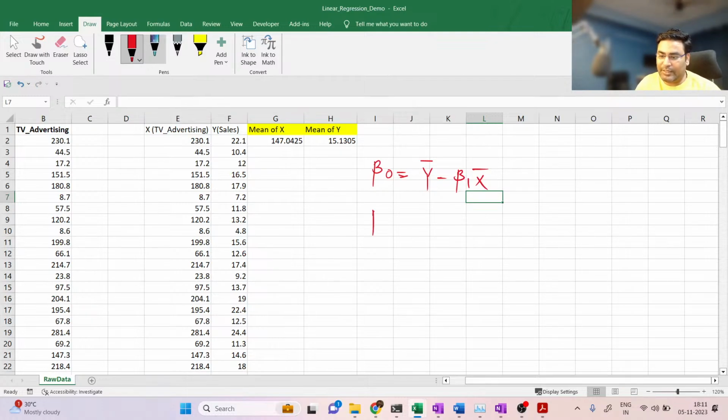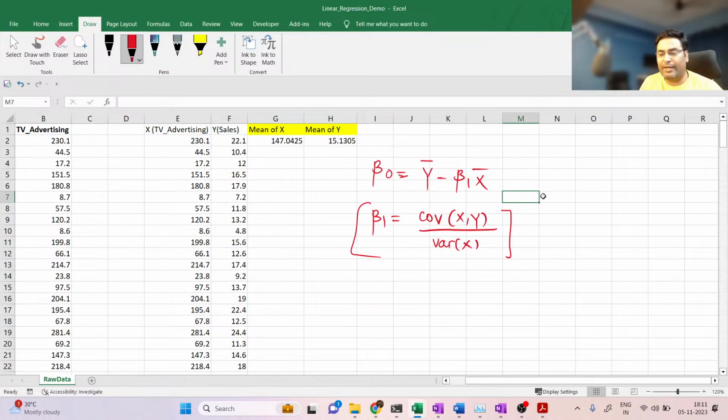And what is beta 1, guys? Beta 1 can be written as covariance of x comma y upon, come on everybody, variance of x. Covariance of x comma y, variance of x. That's one way of doing things.